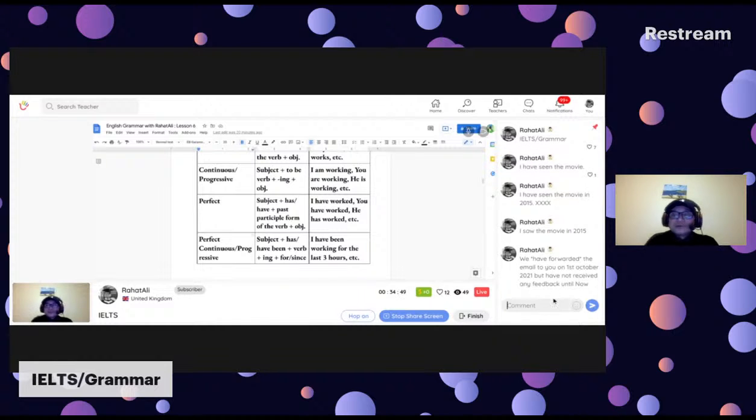"We have forwarded the email to you on 1st October 2021, but have not received any feedback until now." Look at the sentence pattern.